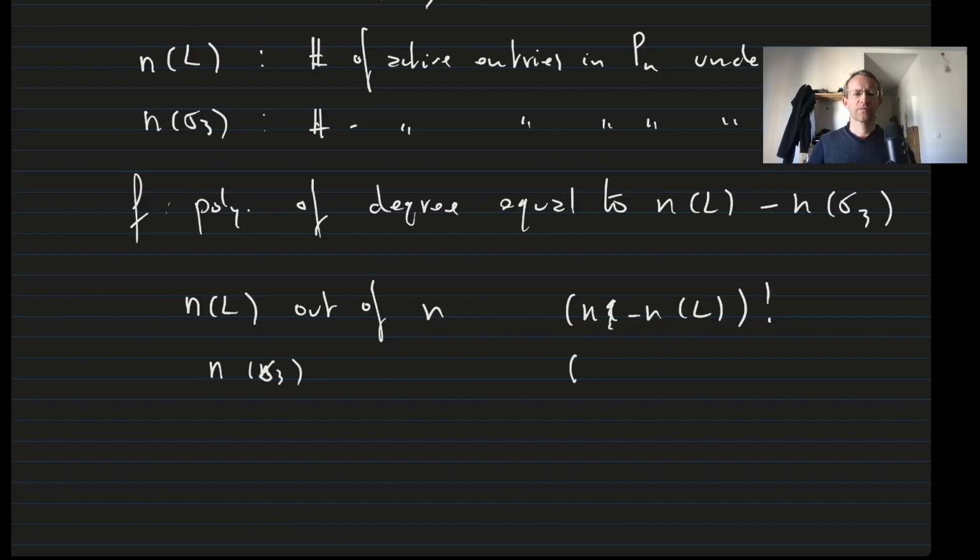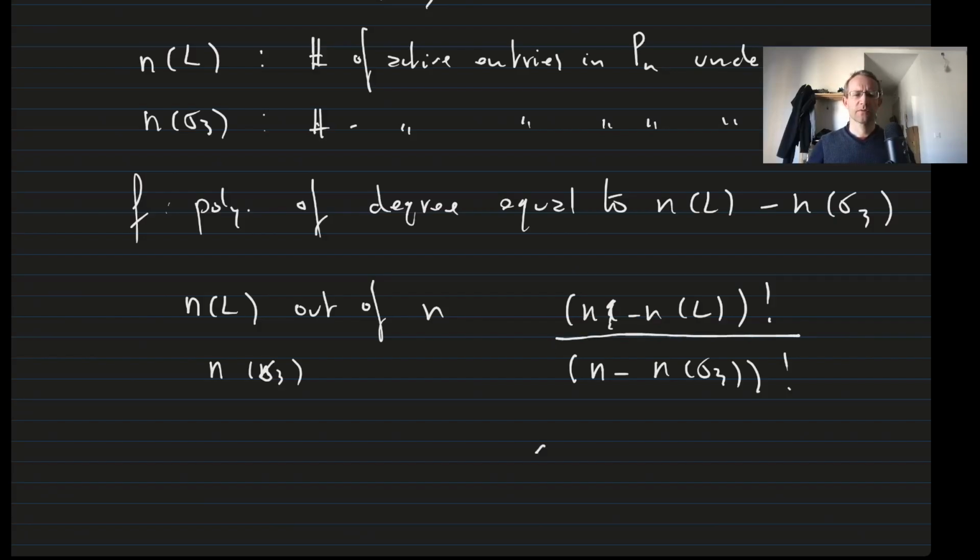We have to distribute this number of combinations over permutations which are chosen with active colors n_sigma3 out of n. So we have n minus n_sigma3 entries over which we have to distribute the previous choices.